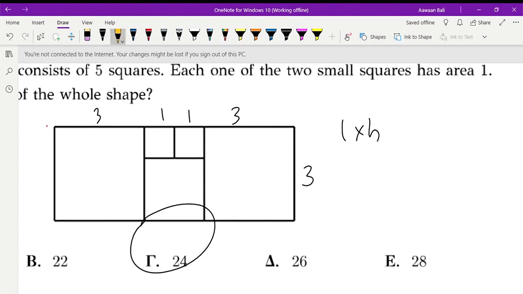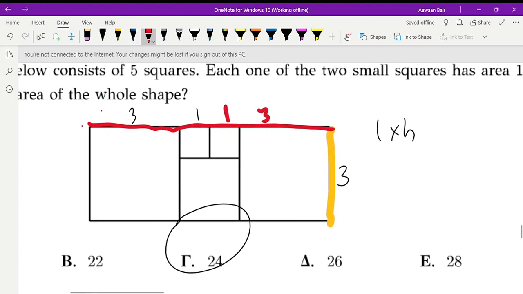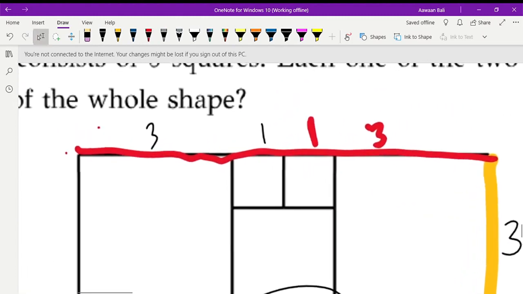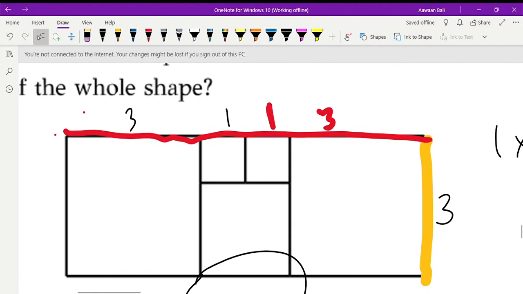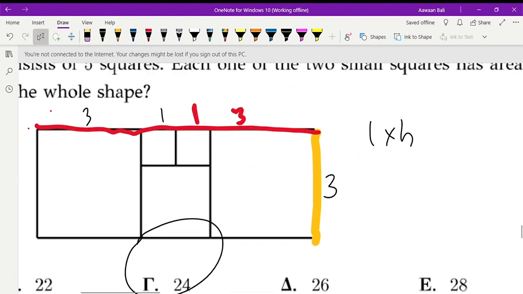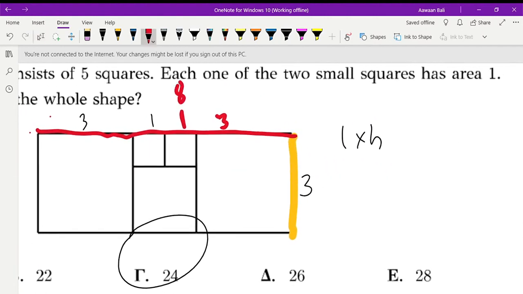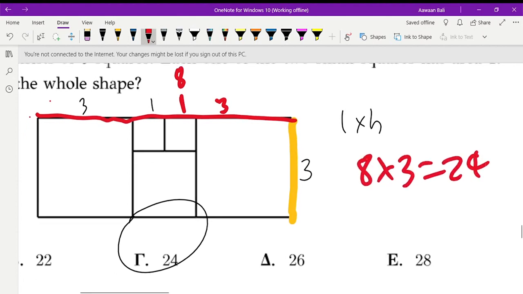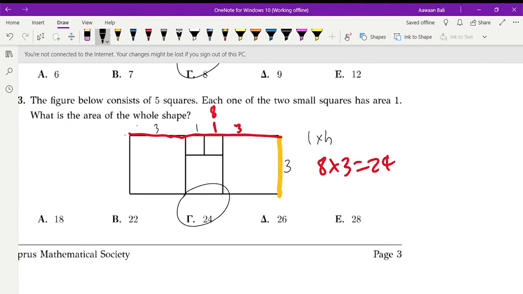And we know that this here is the breadth, so all we have to do is find the length, which is the longer side here. The sum of this whole length is basically the sum of all the sides together. So 3 plus 1 plus 1 plus 3, that's 8 in total. Now if we do 8 times 3, that's 24, which means that gamma is the answer again.